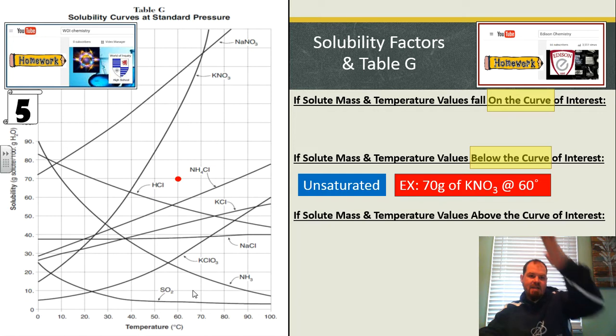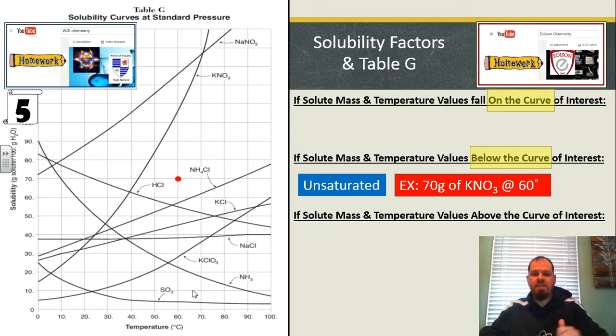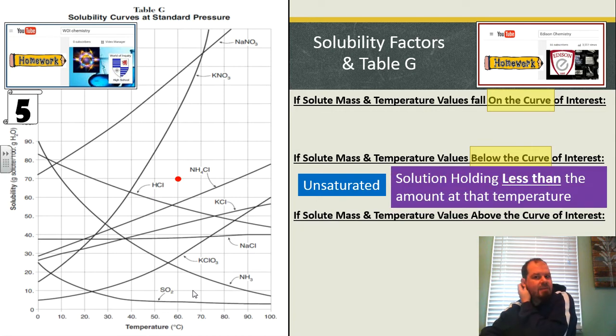Notice that line is the top line. And this dot is below that line. Below the line means unsaturated. Okay? Let me define unsaturated one more time. Holding less than the amount I should be able to at that temperature.